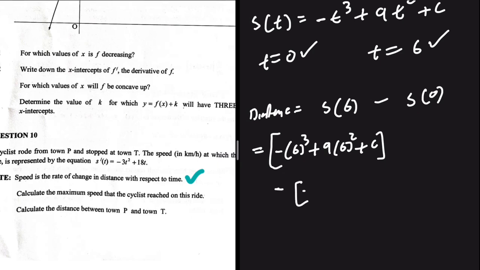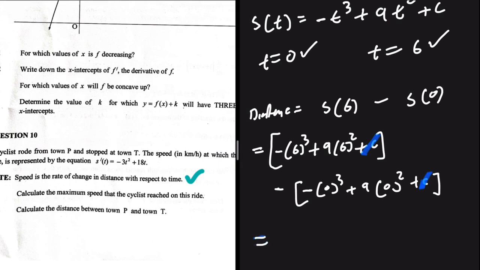So we have minus 0 to the power 3 plus 9 multiplied by 0 squared plus c. Obviously c and c will cancel out. That's what always happens when we have a definite integral. We don't even have to worry about the value of c because they're going to cancel out.